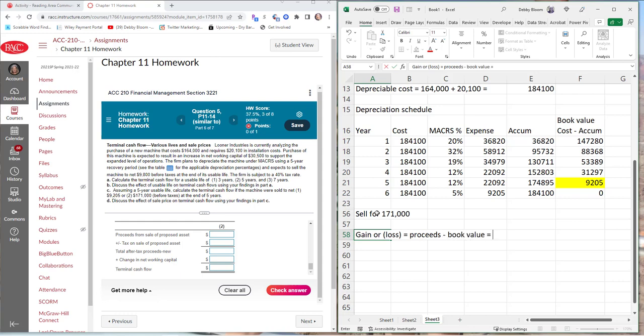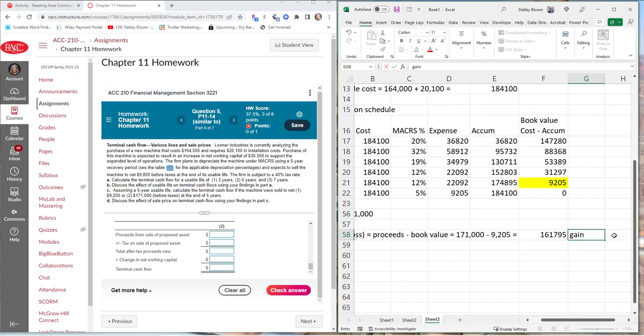So in this case, I'm just going to take 171,000. I'm going to subtract 9,205. Because it comes out to a positive number, that is a gain.